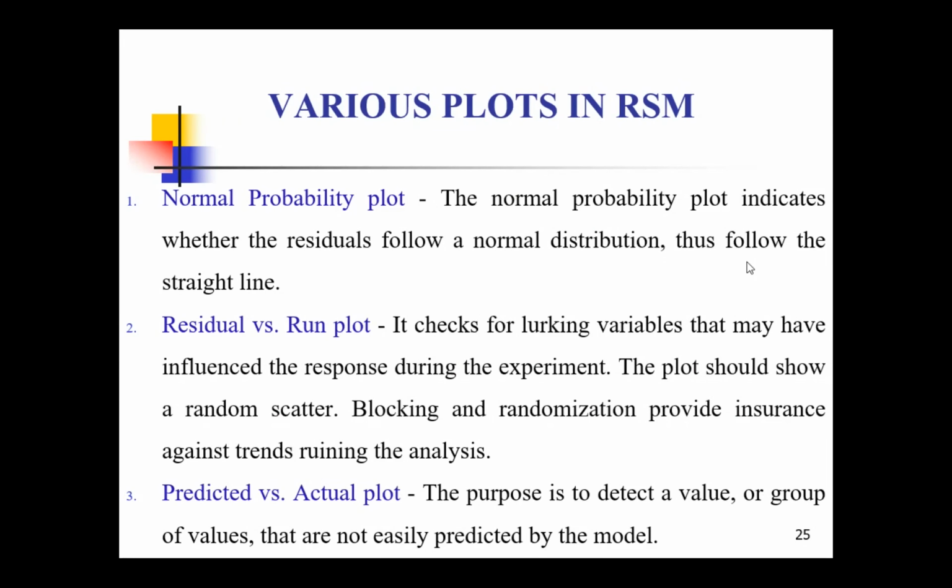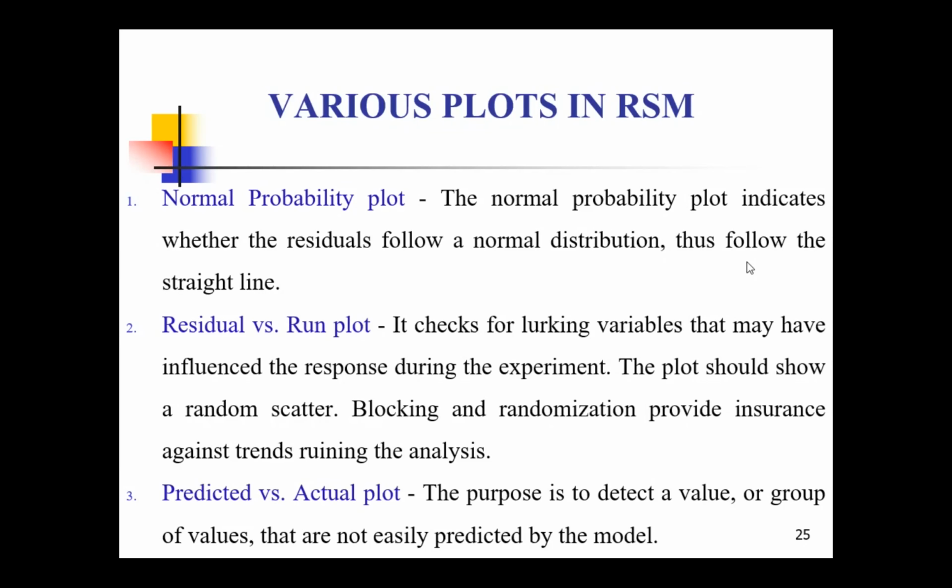The residuals, that is the difference between the experimental and the predicted outputs, should follow a normal distribution. The normal distribution is possible when a straight line is fitted. So from this, we can easily identify whether the residuals are normally distributed or not.